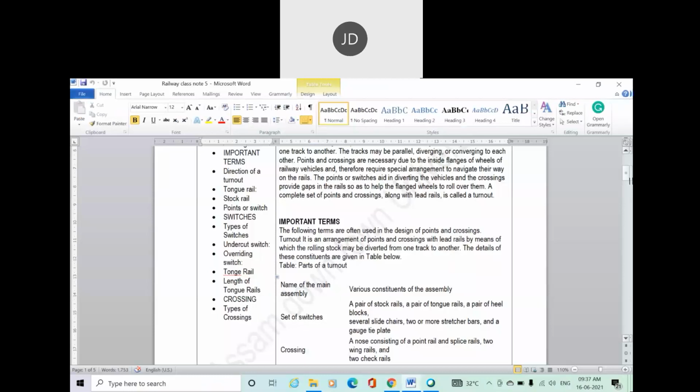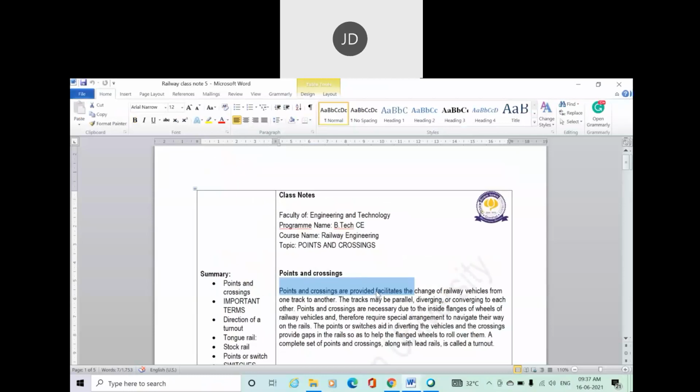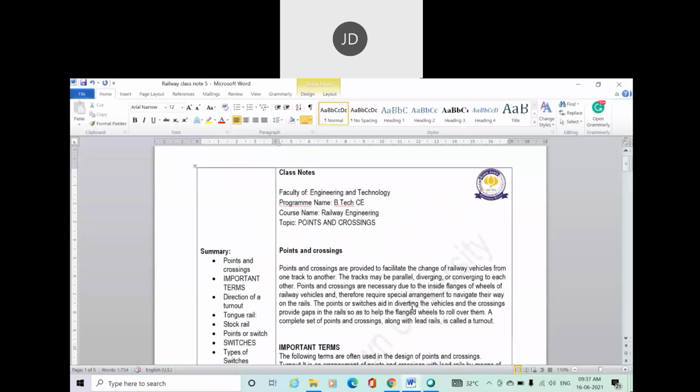Even here you can see point and crossing are provided to facilitate the change of railway vehicles from one track to another. The track may be parallel, may be diverging, or may be converging to each other. Fine.